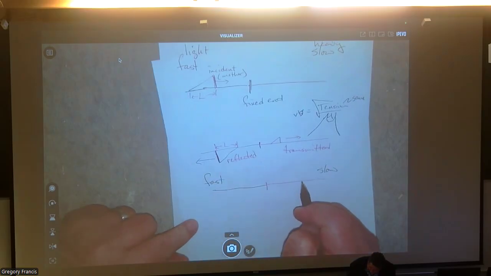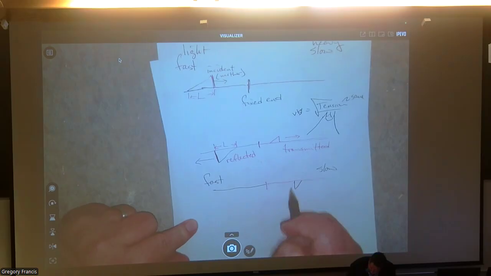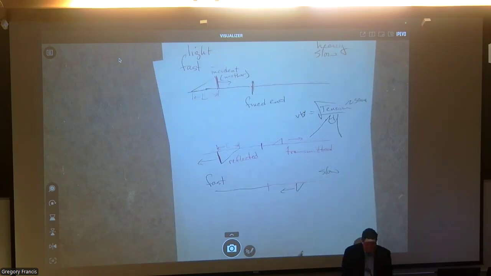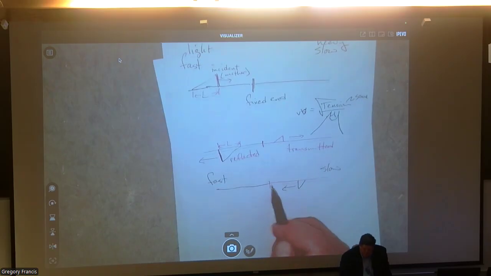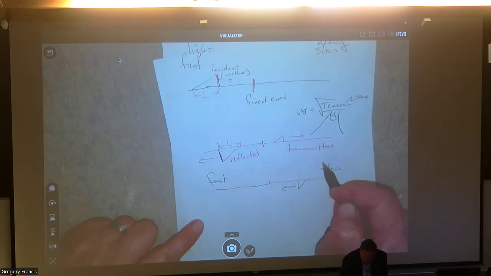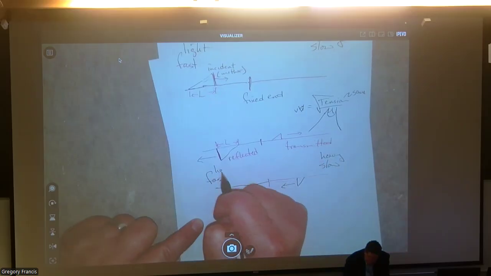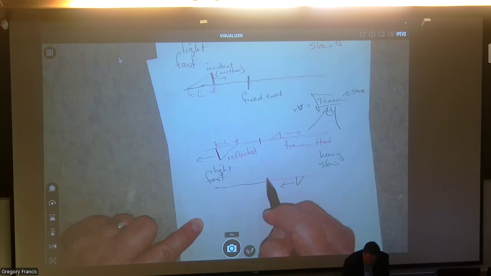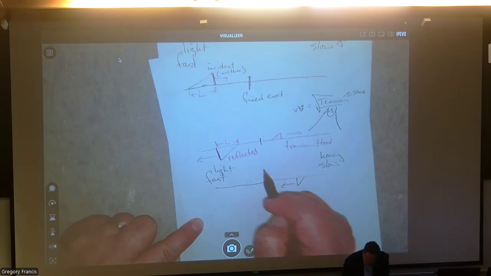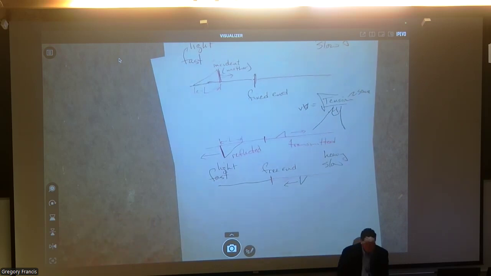I'm going to come in with a pulse like that on the bottom. Well, when it hits the boundary, now I'm going from heavy to light. And so this boundary going the other way is going to act like a free end. And that means the reflected pulse is not going to invert. It's going to stay on the same side.